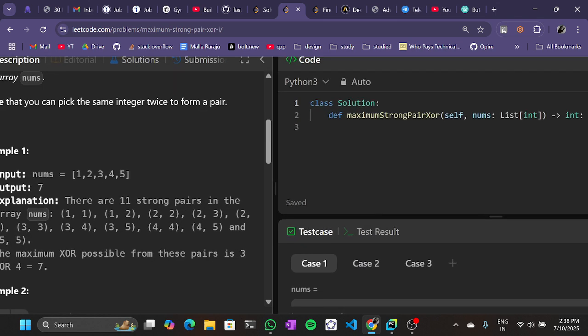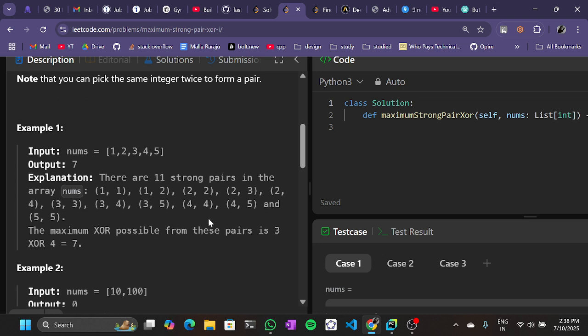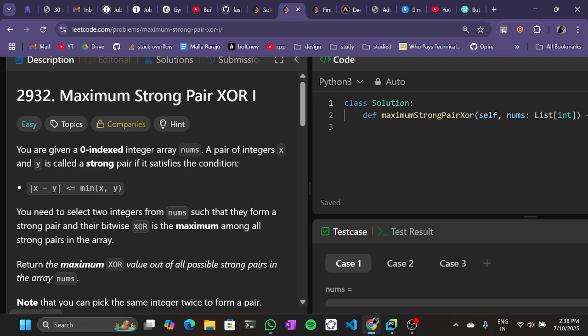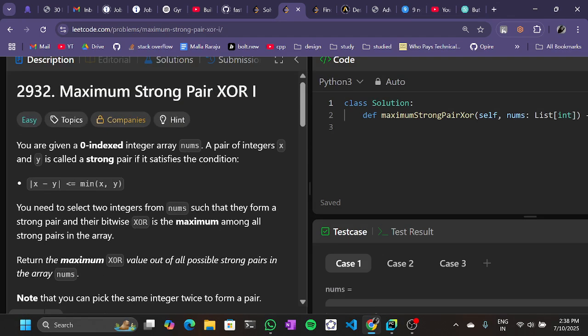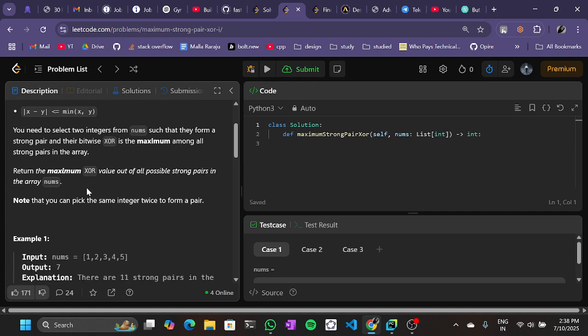So 1 and 1 can be a pair, 1 and 2 can be a pair, 1 and 3 can be a pair, 1 and 4, 1 and 5. But these are the strong ones as they mentioned, because their absolute difference should be less than or equal to the minimum of x and y.